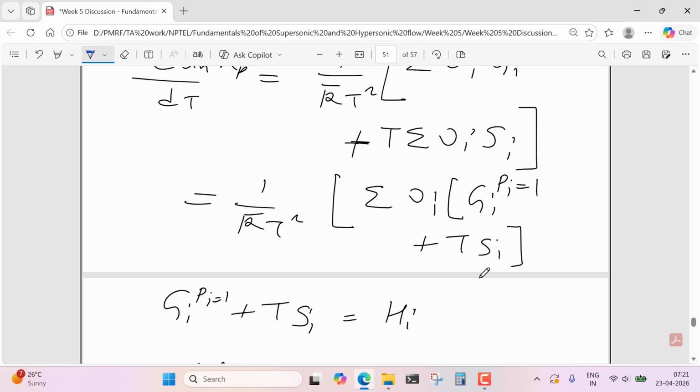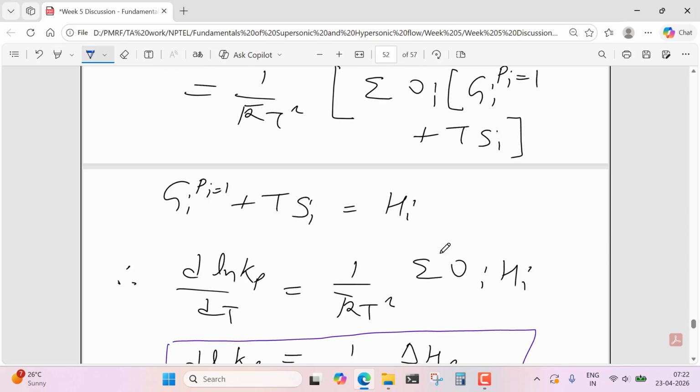Now we know that this Gi at Pi equal to 1 plus T Si equals hi. So we will put hi here. So we'll get d log Kp upon dT equal to 1 upon R bar T square sigma nu i hi.